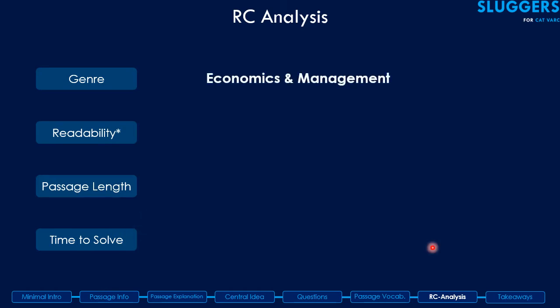Okay, so let's start with the first parameter, which is genre. Genre of this RC was economics and management. Now, why is this relevant? Why is it important to discuss what genre the particular RC or passage belongs to? The reason is, guys, see, let's suppose you found this passage to be particularly difficult to read. I'm not talking about the questions as of now. I'm just talking about the passage itself.